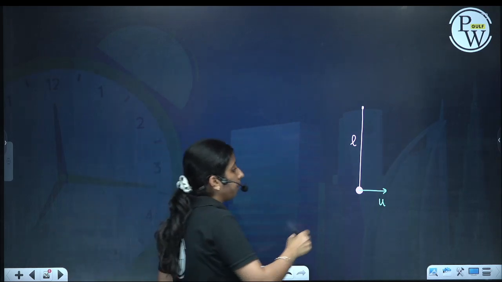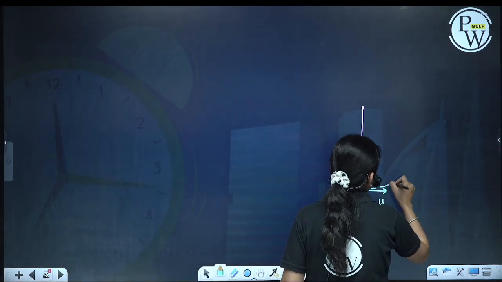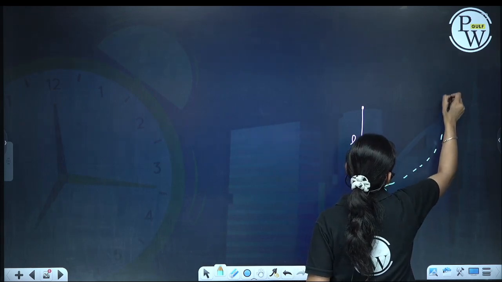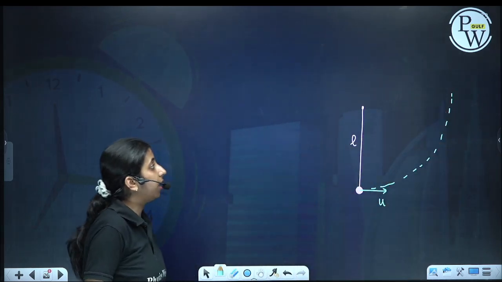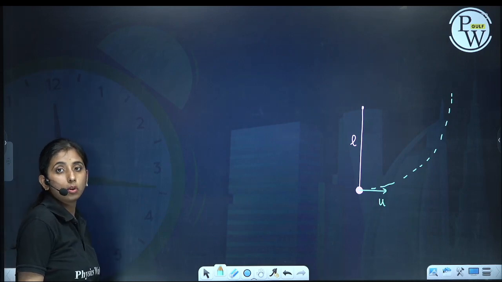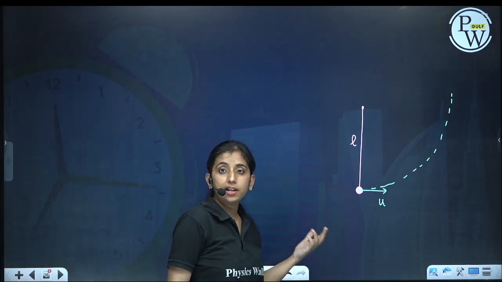It will move up on a circular path like this. Now there are many conditions depending on what velocity we are given.